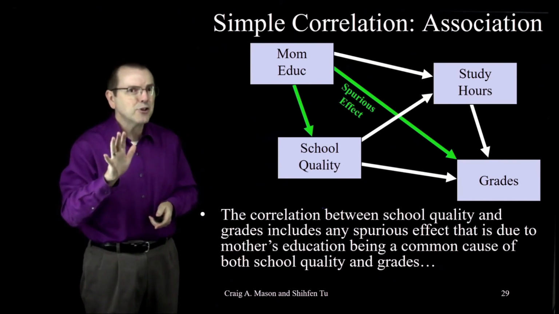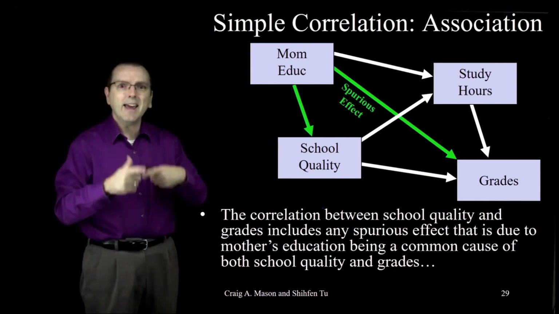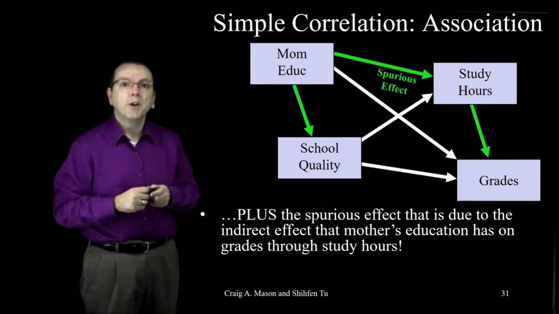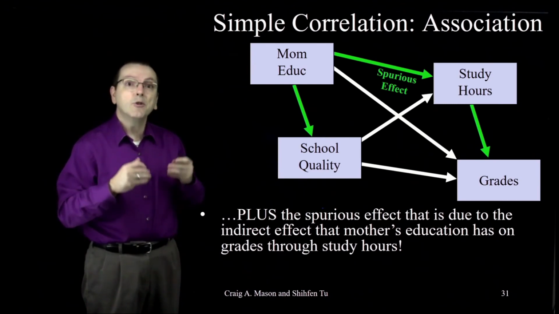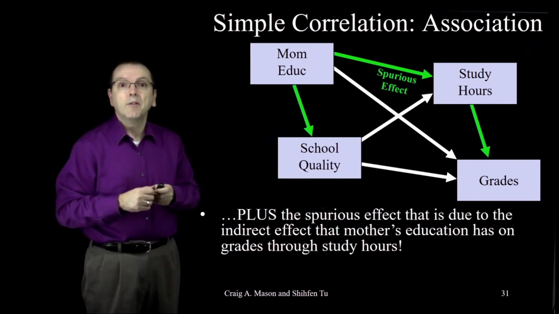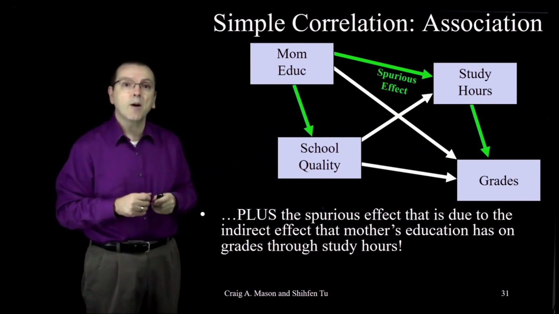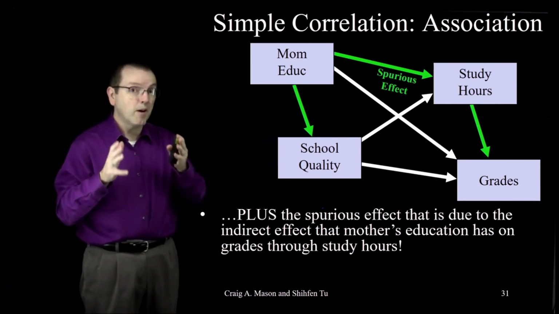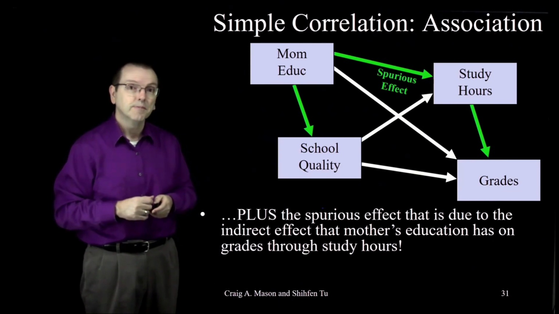Now, that's actually a pretty straightforward spurious effect, but it can get more complicated than that. For example, you can have a spurious effect where a common cause has an indirect effect on the outcome. For example, the effect that mother's education has on grades through increasing study hours. This type of spurious effect would also be part of the correlation between school quality and grades.